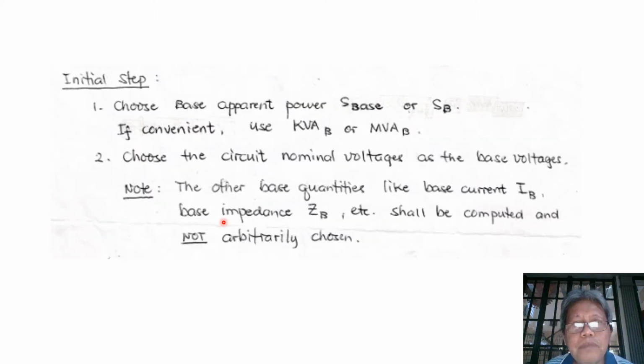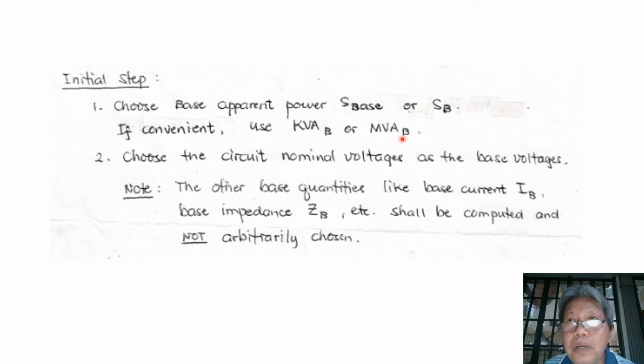The first step is to choose the base apparent power, or S base. This can be in the form of kVA base or MVA base.